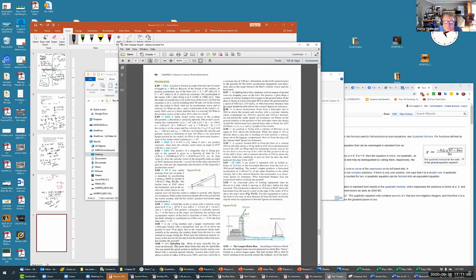Okay, this one says it was moving with constant velocity. Right, that one gave us problems, right? Okay. Let's try this one.